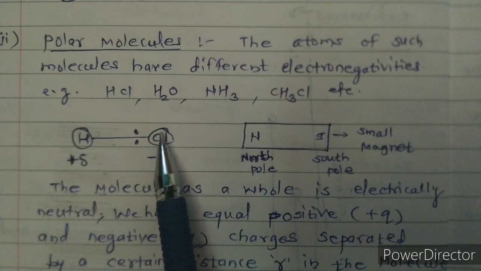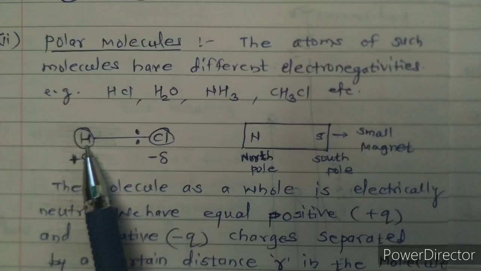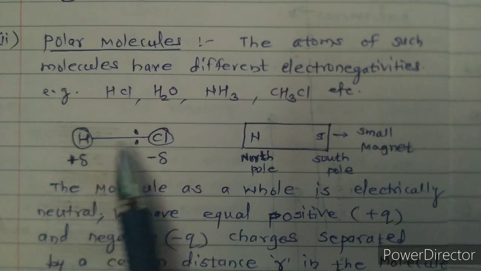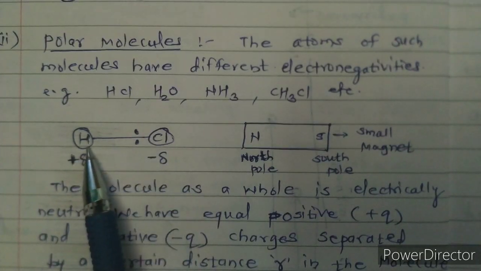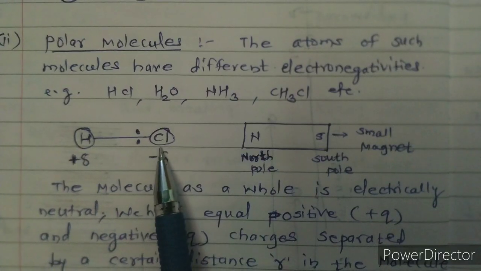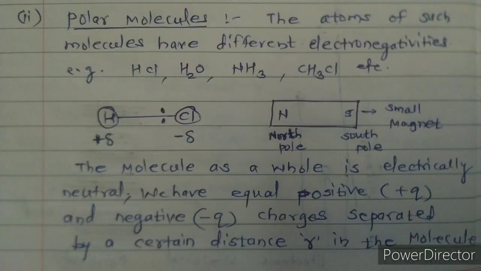To complete its octet it requires 1 electron. The hydrogen, to complete its outer shell, requires 1 electron, meaning for a doublet. So here there is sharing of electrons, a covalent bond is formed between hydrogen and chlorine, but the shared pair of electrons is more shifted towards chlorine because chlorine has more electronegativity.